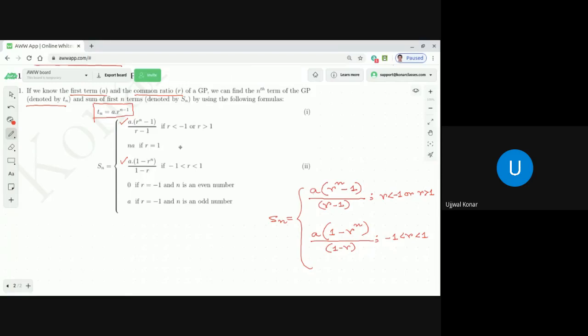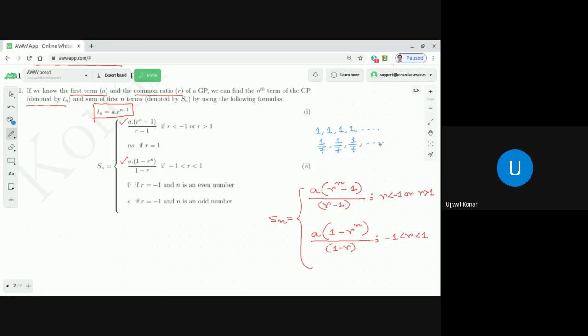The other thing is, if R equals 1, that means all the terms are equal, right? We can construct a geometric progression something like this, dear students. I have a geometric progression where all terms are 1. Or you can say all terms are 1 by 7, 1 by 7, 1 by 7.